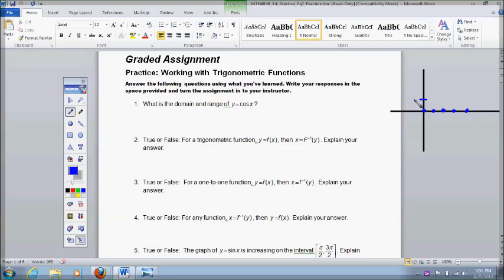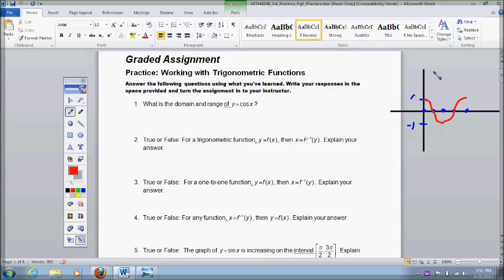The range of the parent function of cosine is -1 to 1, and when we graph this, cosine starts up here and it comes down through this first critical point at the x-axis and down midway at this middle critical point to the -1, back up here, and then back up to here, giving us this almost like a U-looking shape.